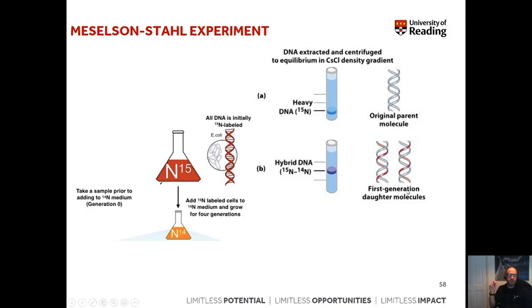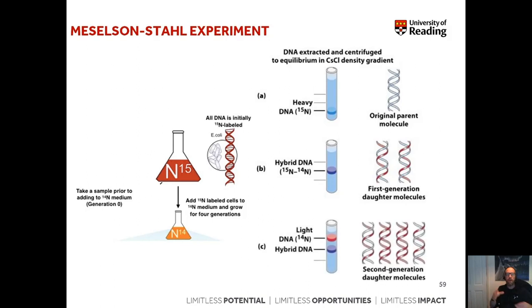However, in the first generation DNA molecules, they realized there is actually hybrid DNA containing both the heavy nitrogen isotope N15 and also the normal light isotope N14. So at this stage, they couldn't actually answer this question because all of the three mechanisms would show quite a similar result.